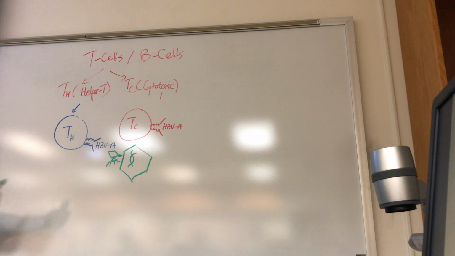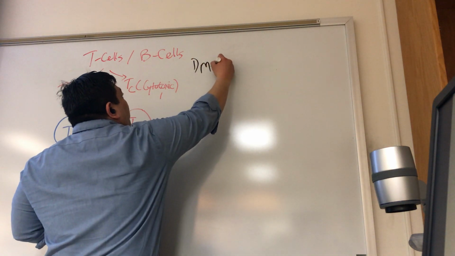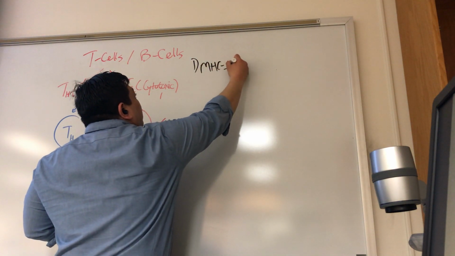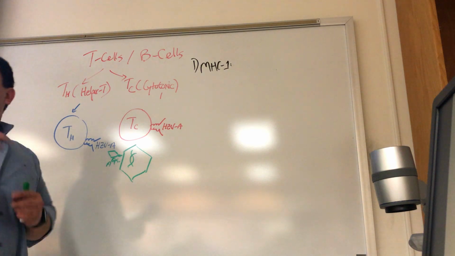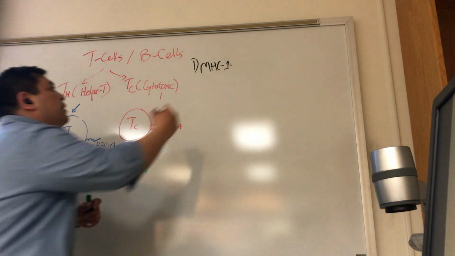Now I'm talking about MHC. What does this mean? MHC are just signaling molecules. It's a way of signaling that this cell is part of my larger body. So MHC 1: in MHC 1, we're going to have a receptor and it's going to display host protein.